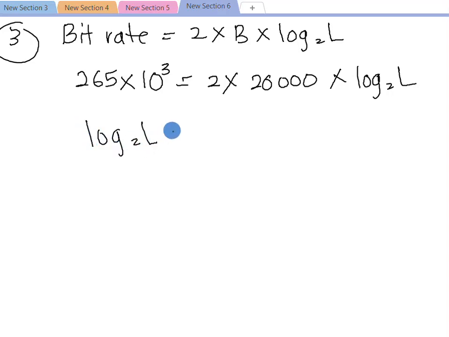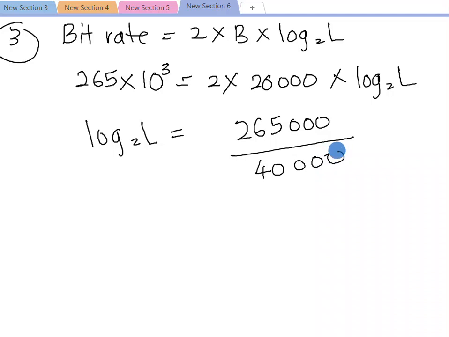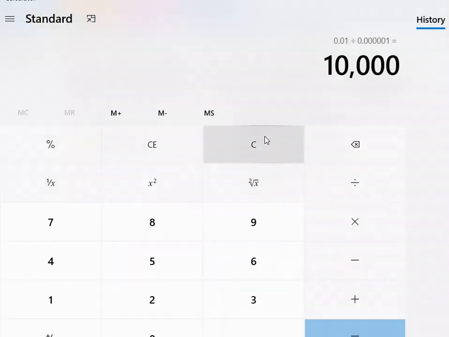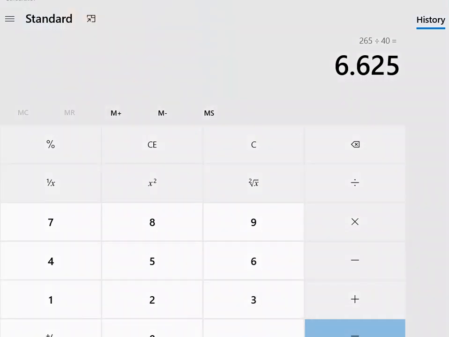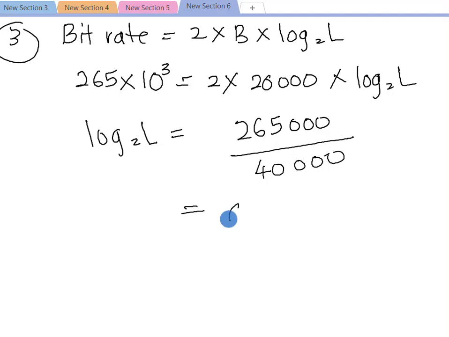Log 2 L equal to 265,000 divided by 40,000. Okay, so using a calculator, 265 divided by 40, so I will get 6.625.